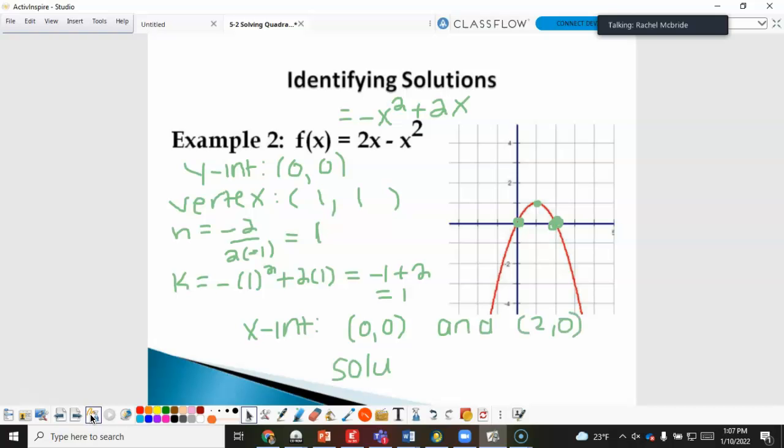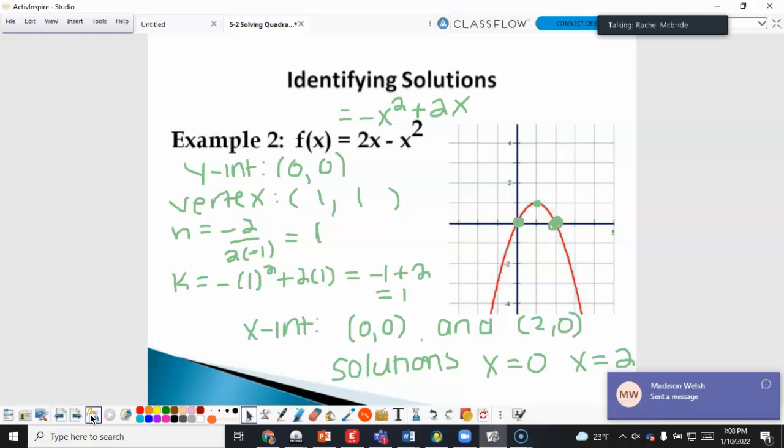Thus making my solutions x equals 0 and x equals 2. So again, as the intercepts, you list them as ordered pairs. As solutions, we list them as x equals and give the value.